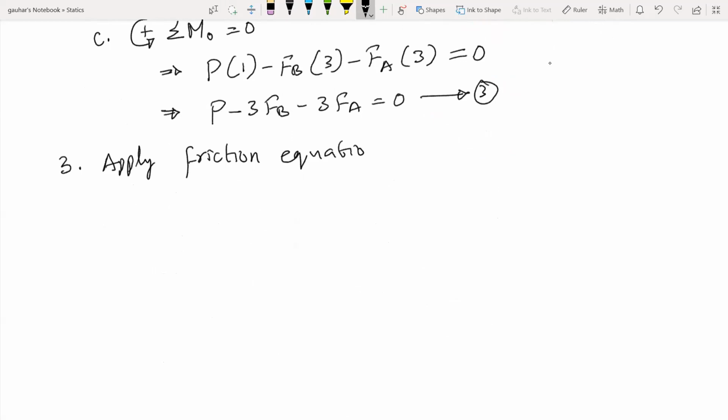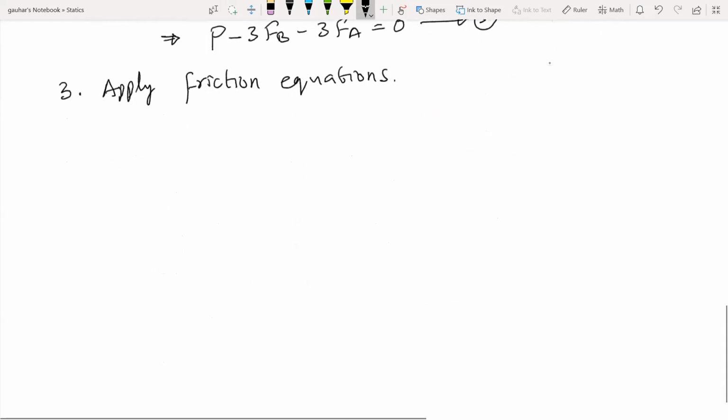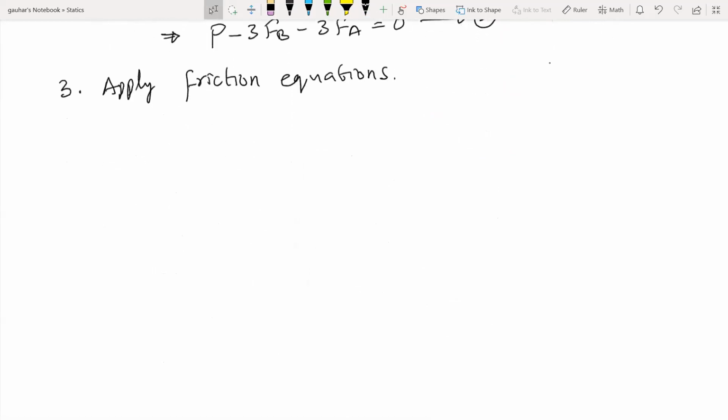Apply the friction equations. So at point A, F sub A equals mu times N sub A, right?